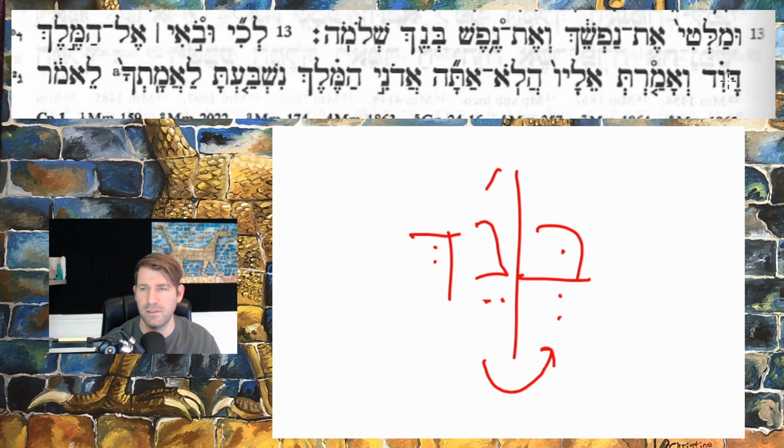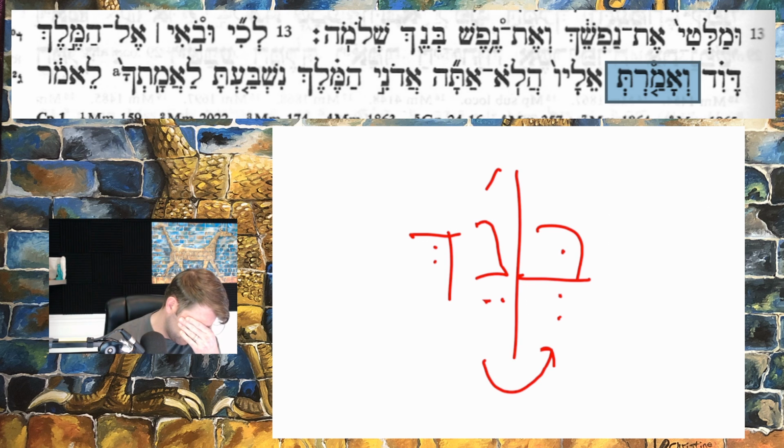To the king David. Notice these are in apposition to one another. So it's just David, the King David. These are in apposition to one another. David, ve'amarta, and this qal perfect, I'm blanking on the term, vav consecutive perfect.